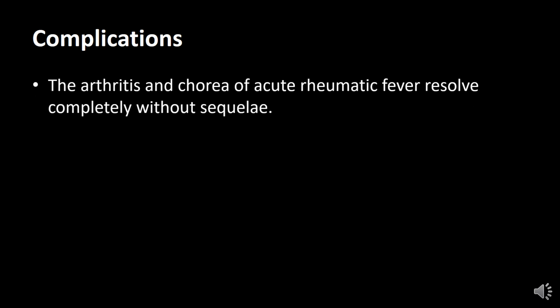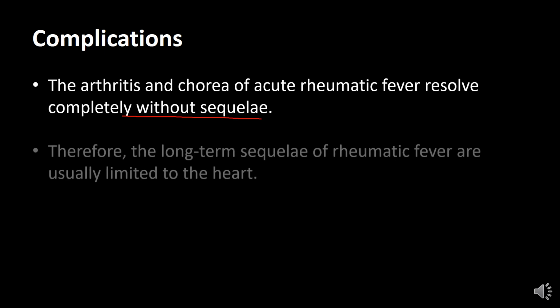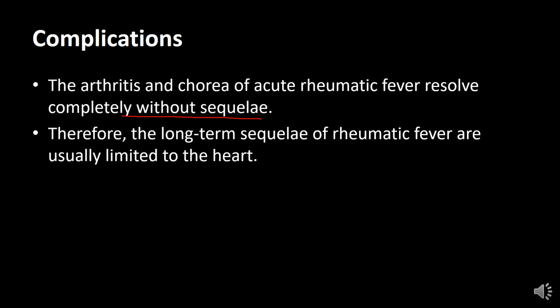So now, let's talk about the complications. Arthritis and chorea of acute rheumatic fever will usually resolve completely without any sequelae. I think I've already mentioned that. Therefore, the long-term sequelae, like we said, of rheumatic fever are limited to the heart.